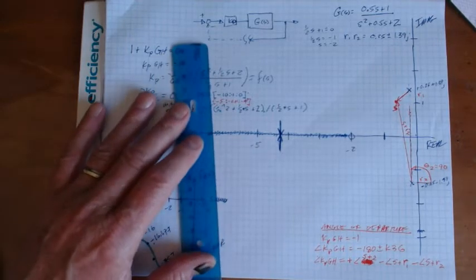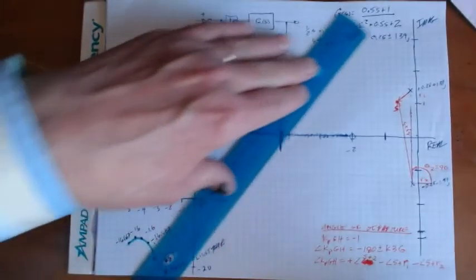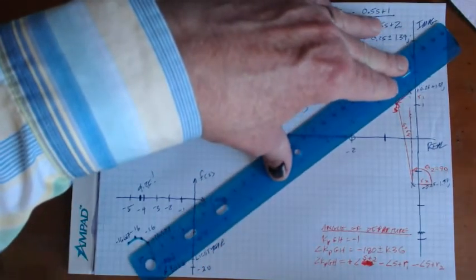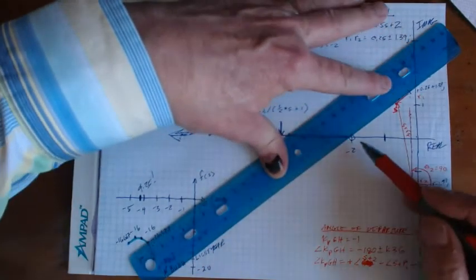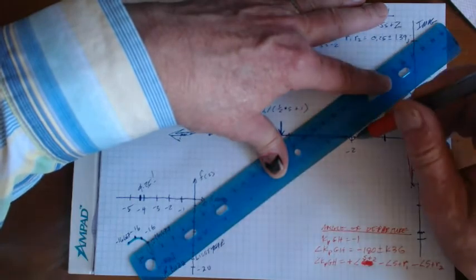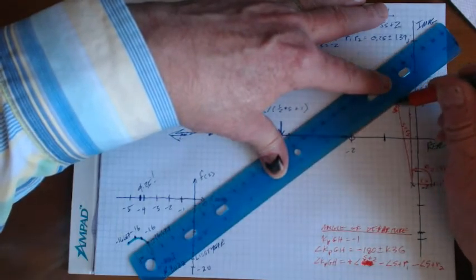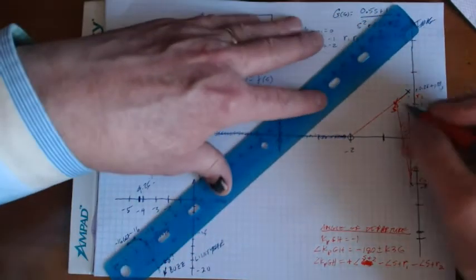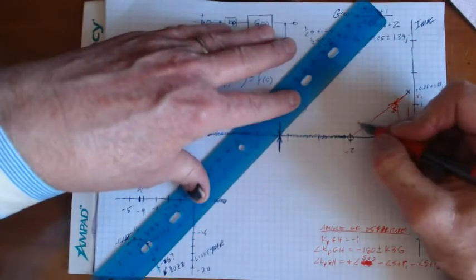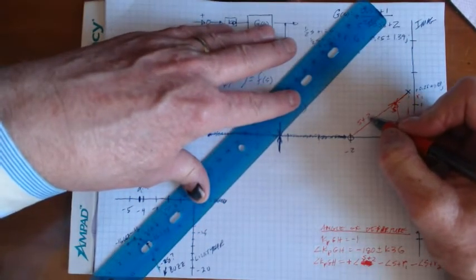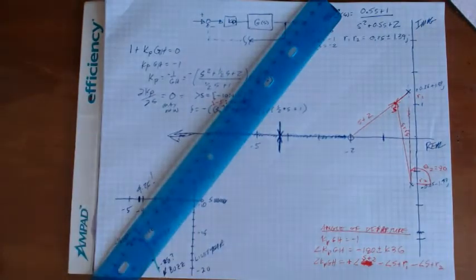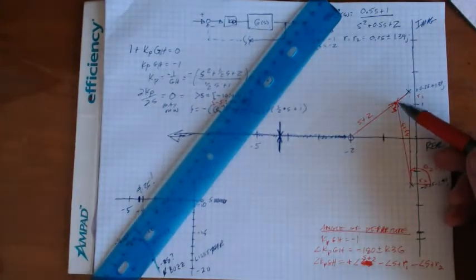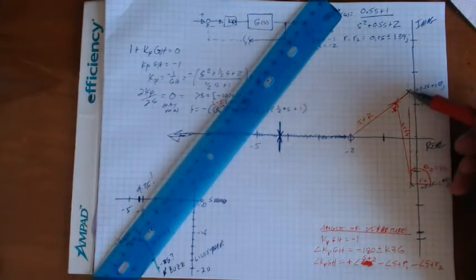And so now I'm going to find out what the angle to the zero is. And it just so happens that I've done a good thing here. If I draw a straight line from S, this is S plus 2. That's the vector S plus 2. And it just so happens I drew this, I didn't even mean to do it, but I drew this test point so it's in line.